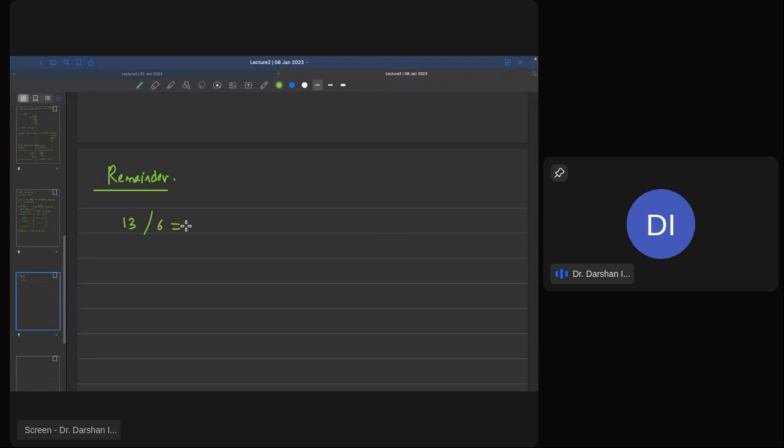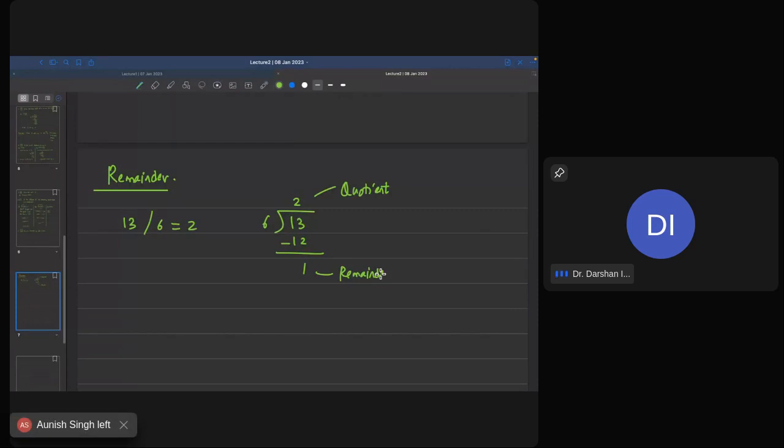And how do you get it? I say 13 divided by 6, 6 2s are 12. This is going to be 1. This is what you call the quotient. This is what you call the remainder.